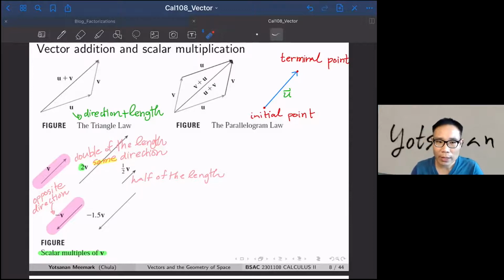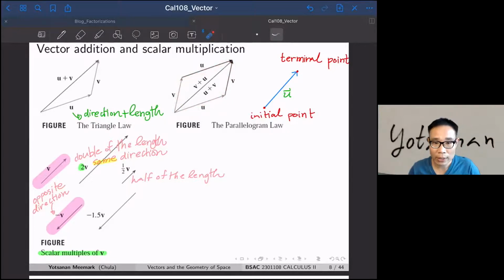In a similar manner, if you would like to find the sum of two vectors, you can use the parallelogram law. You use the vectors u and v with the same initial point. So the initial point of u and the initial point of v are the same, and you draw a parallelogram from these two vectors.